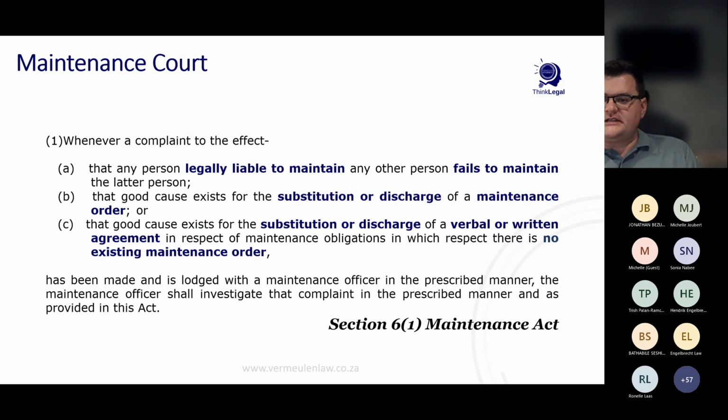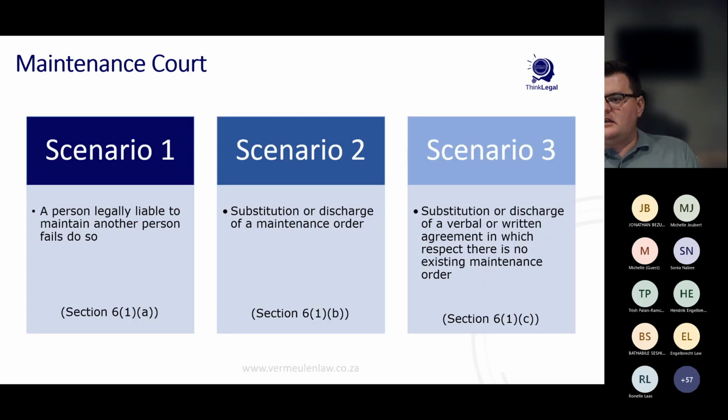And then, folks, you go all the way from your Section 6 all the way through to Section 10 during your maintenance court proceedings. So we have three scenarios envisaged in the Maintenance Act.